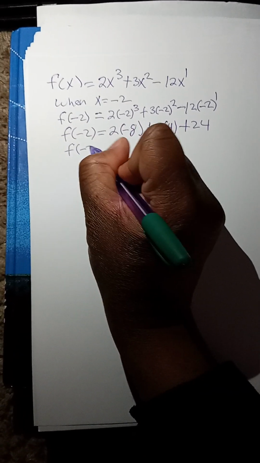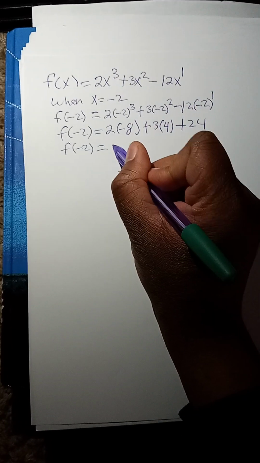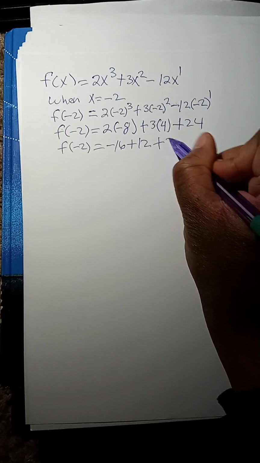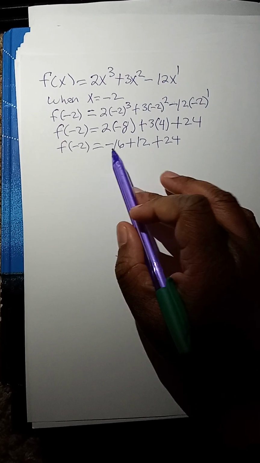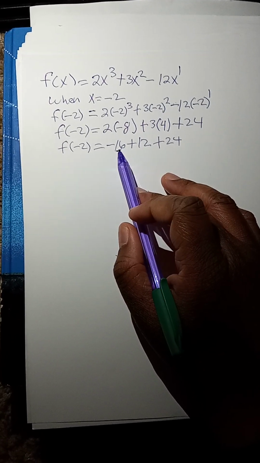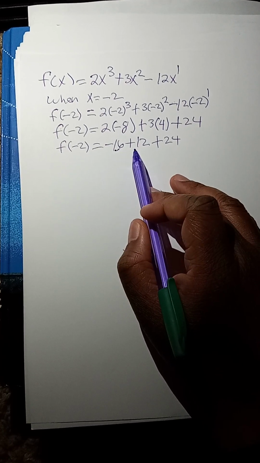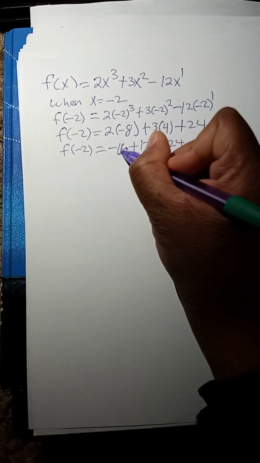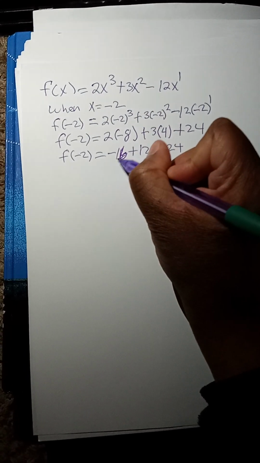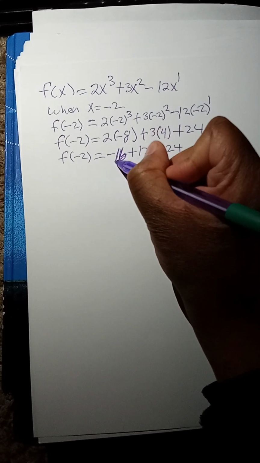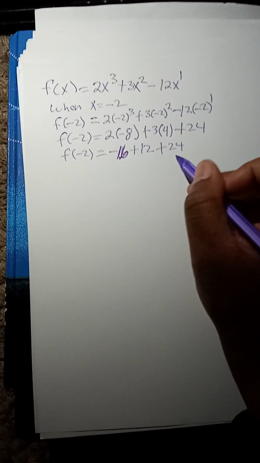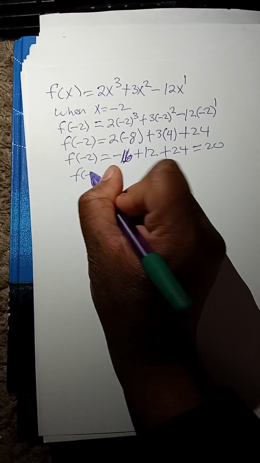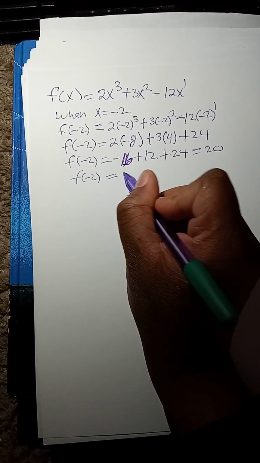So f of negative 2 is negative 16 plus 12 plus 24. Negative 16 plus 12 is negative 4. Plus 24 is equal to 20. So f of negative 2 is equal to 20.